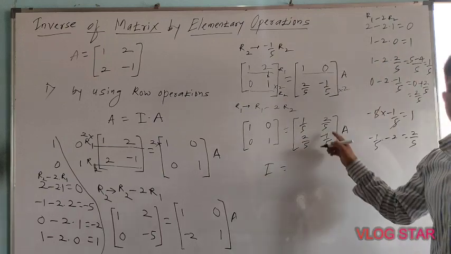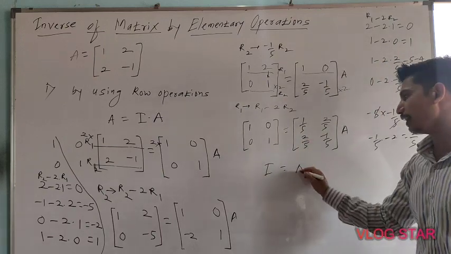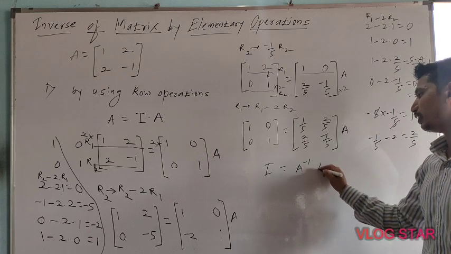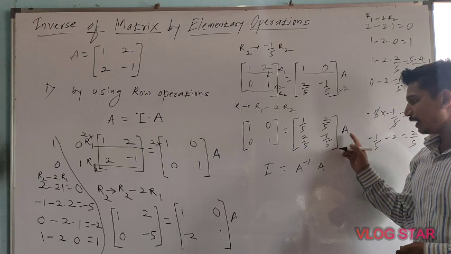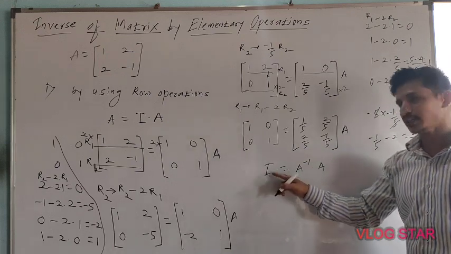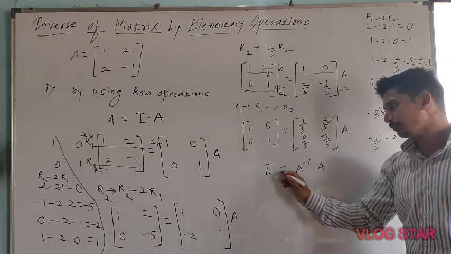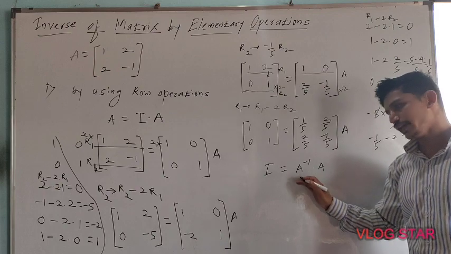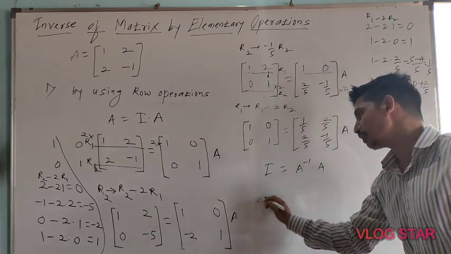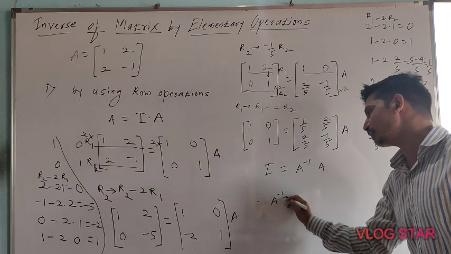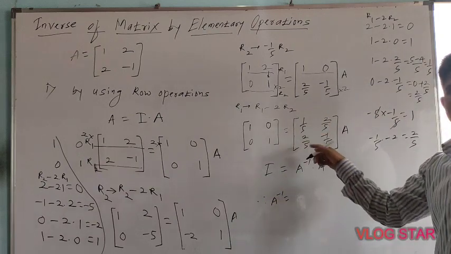And whatever we converted, this is A inverse. Therefore A into A inverse always gives the answer I. If I multiply A into A inverse, the answer will be I. Therefore A inverse is this matrix.